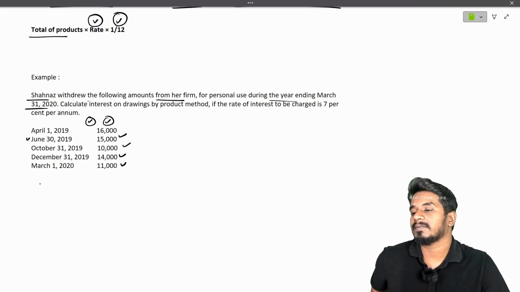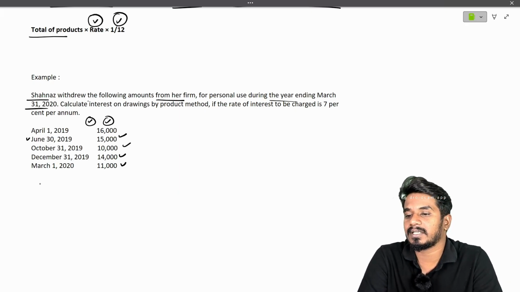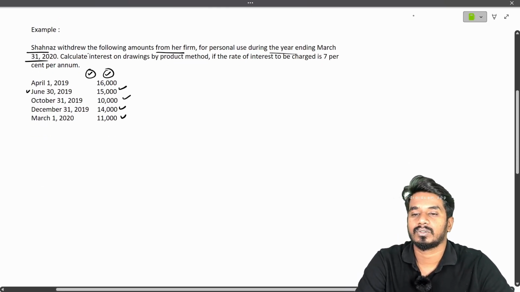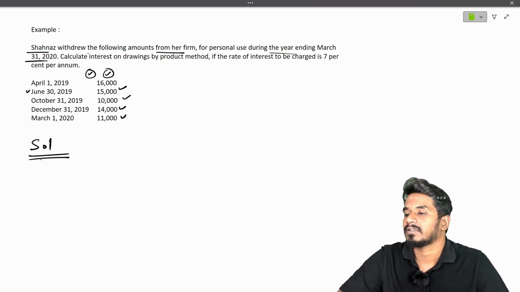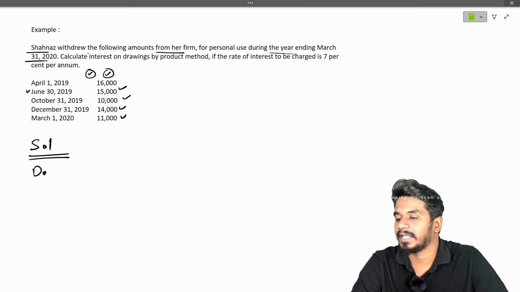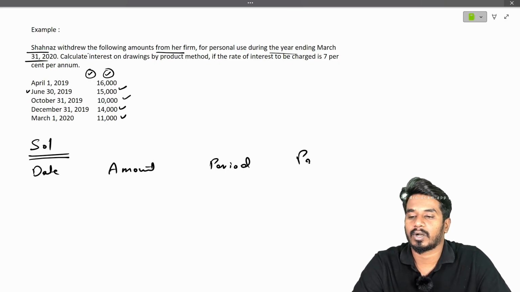So this is the question we have, and we need to prepare the product method and find out the interest on drawings. Fine. So let us see how we can prepare. From here only, I'll calculate the solution. Let me write the date, amount withdrawn, period, and product.